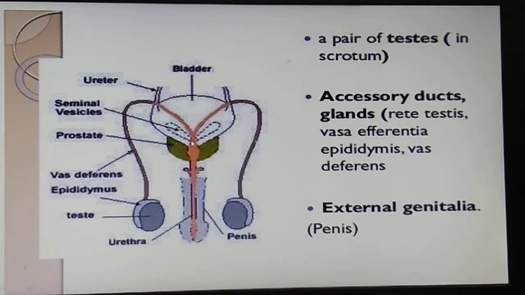It receives the fluid of three glands here. One is seminal vesicle, then prostate gland and bulbourethral, fine. Then with the help of urethra, the semen or sperm can enter inside the female body, and this is the penis, which is an ejaculatory duct. We'll be studying this in detail now.